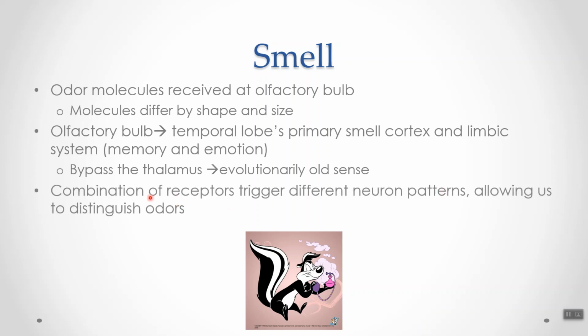And so it's thought that a combination of these receptors trigger different neuron patterns, and this allows us to distinguish odors, right? So there are not a whole lot of olfactory receptors. And so that's why it's thought that it's a combination of receptors that trigger different neural patterns. And that's how we're able to detect so many different smells.